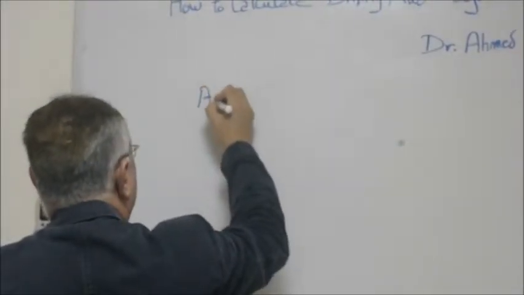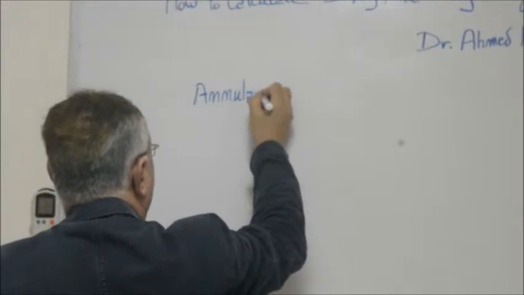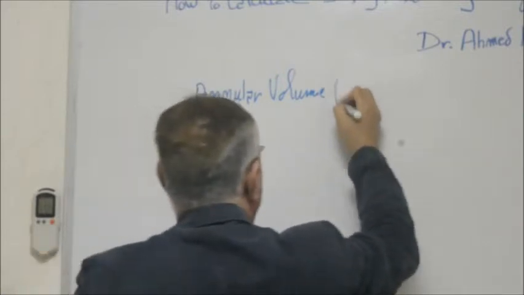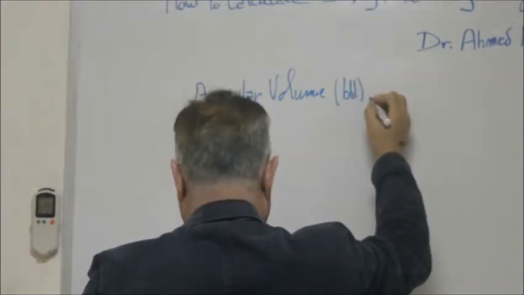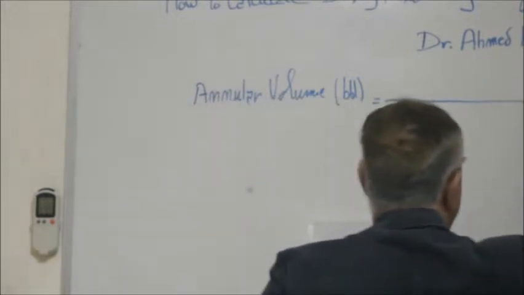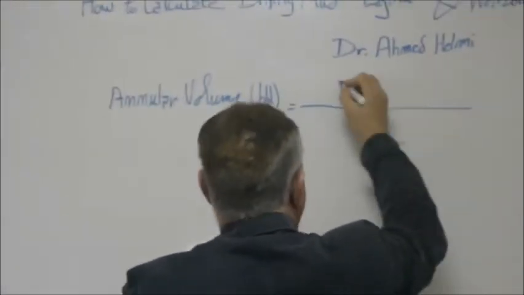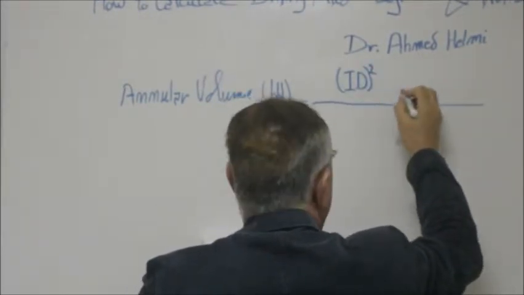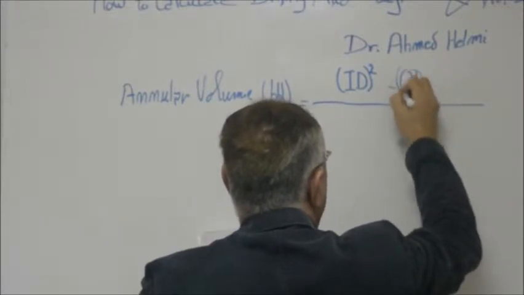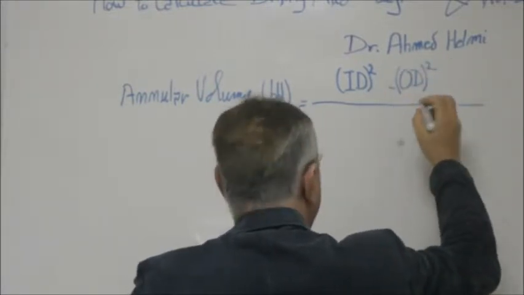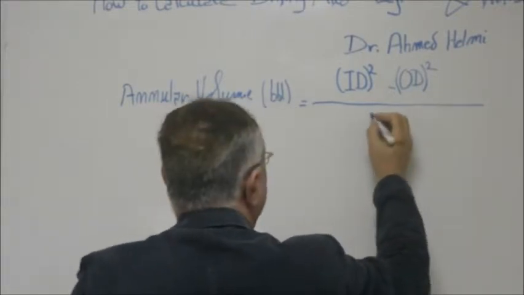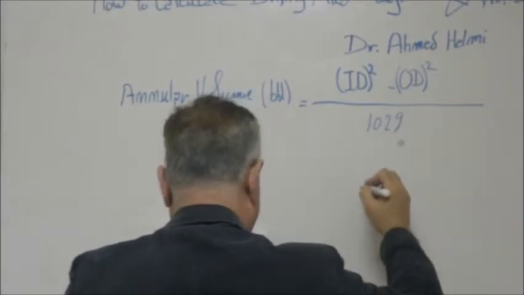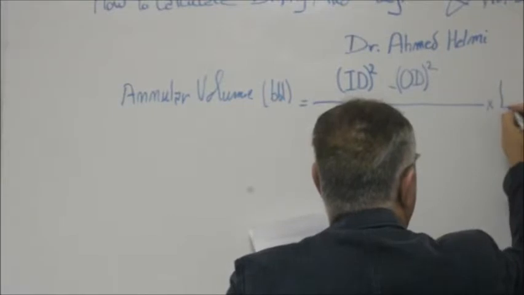Annular volume in barrels equals ID, internal diameter squared, minus OD, outer diameter squared, in inches, divided by conversion factor, and we'll see how we get this conversion factor, times L in feet.